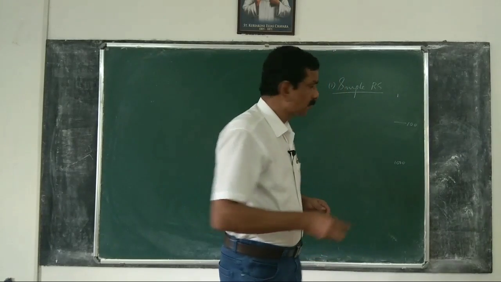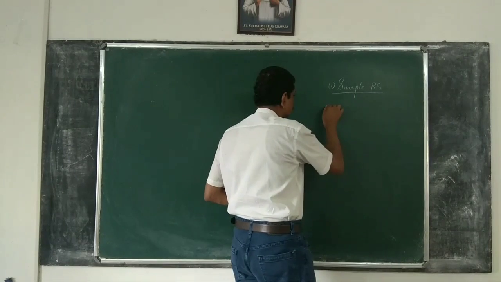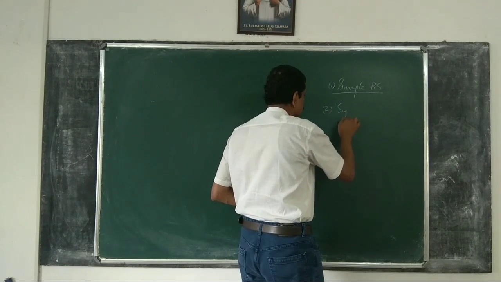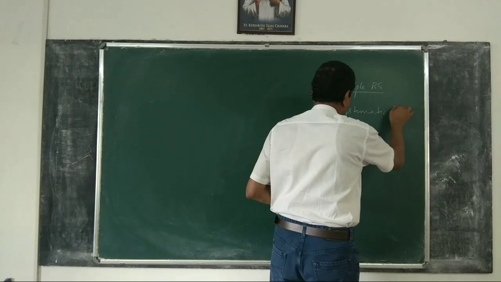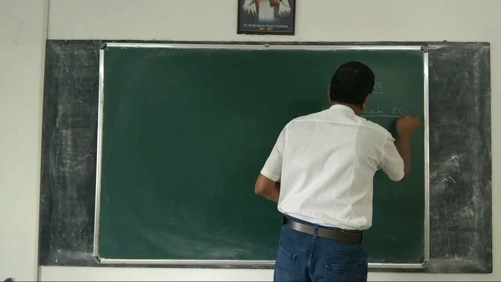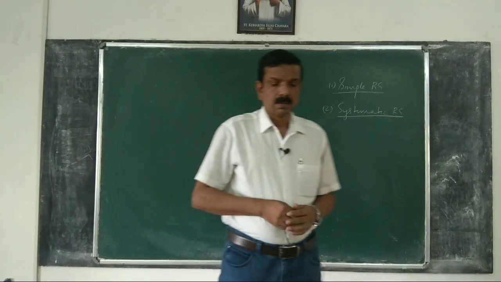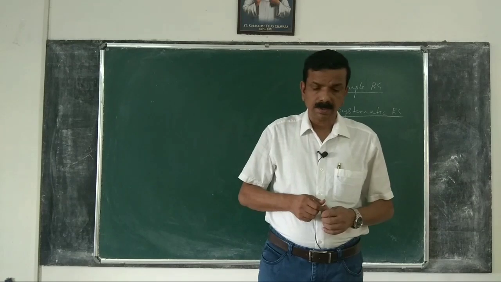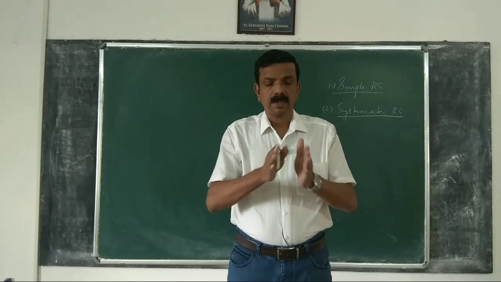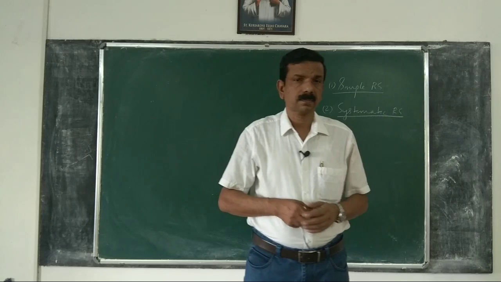One is systematic random sampling. In systematic random sampling, we divide the population size by the sample size.